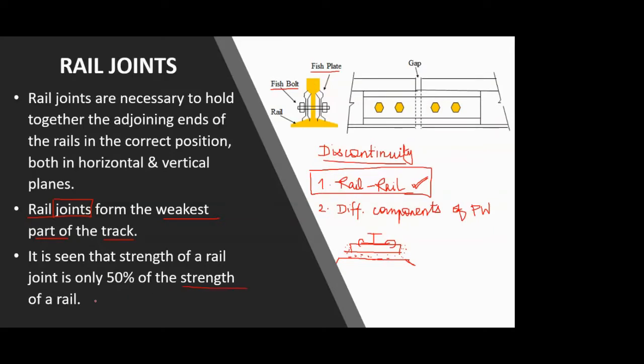Whatever is the strength of the actual rail, when you provide this discontinuity, this gap in between, it reduces the strength of this joint section as a whole by 50%. Though it is reducing by 50%, we need to make the system such that it is stable at this reduced strength as well.